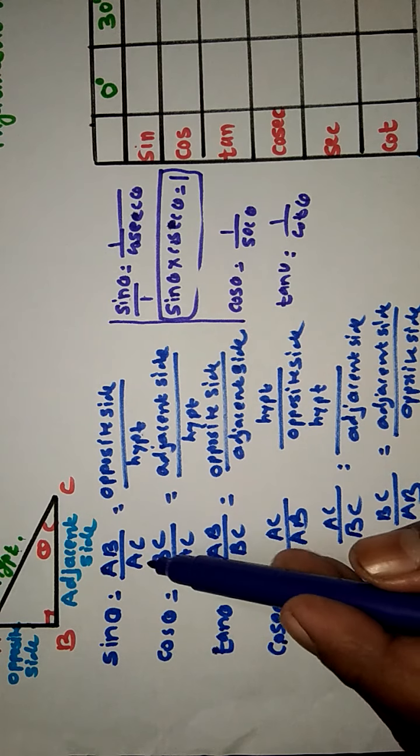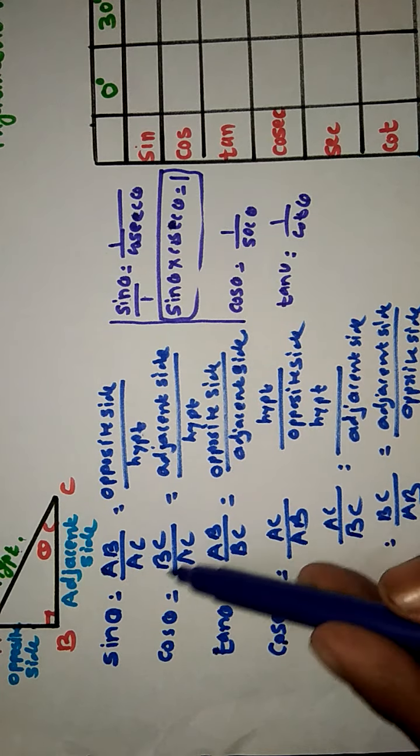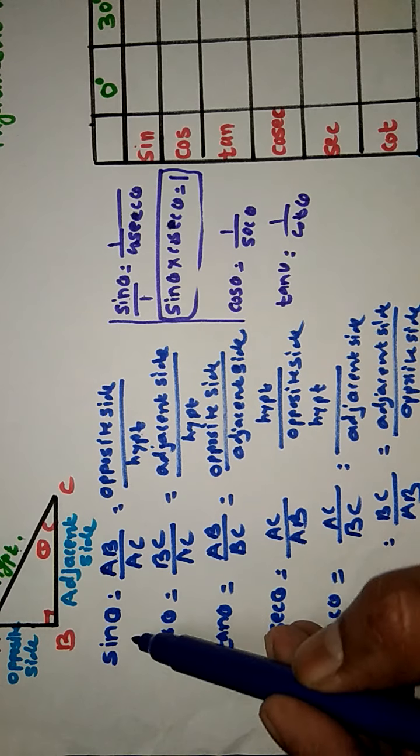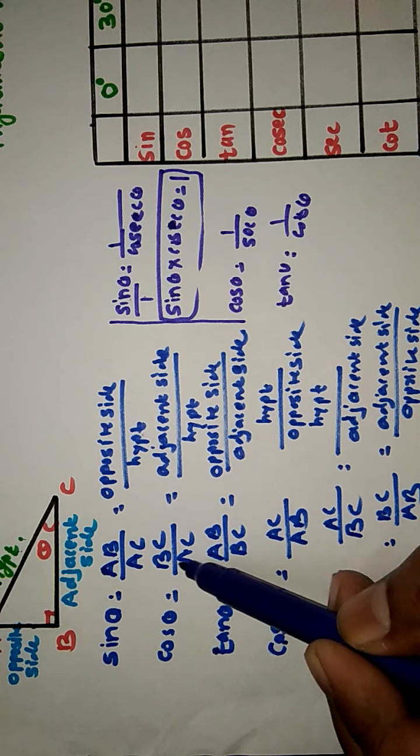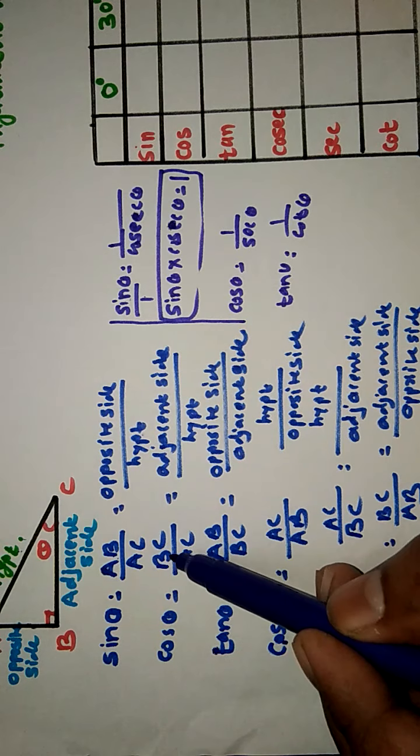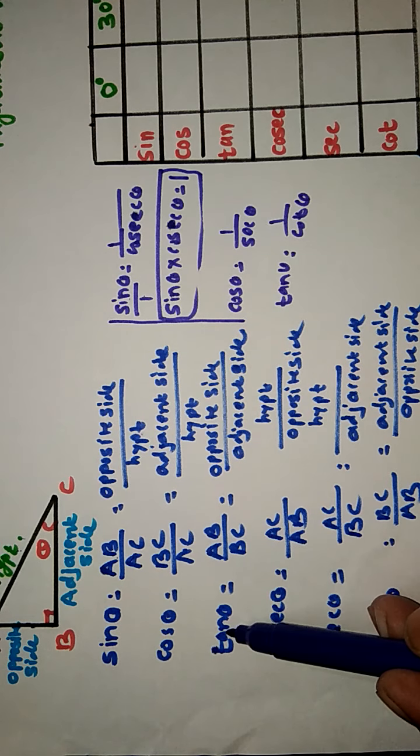Also remember that, see here, if we divide sine theta by cos theta, that is AB upon AC divided by BC upon AC, AC cancels, and AB upon BC means we get tan theta.